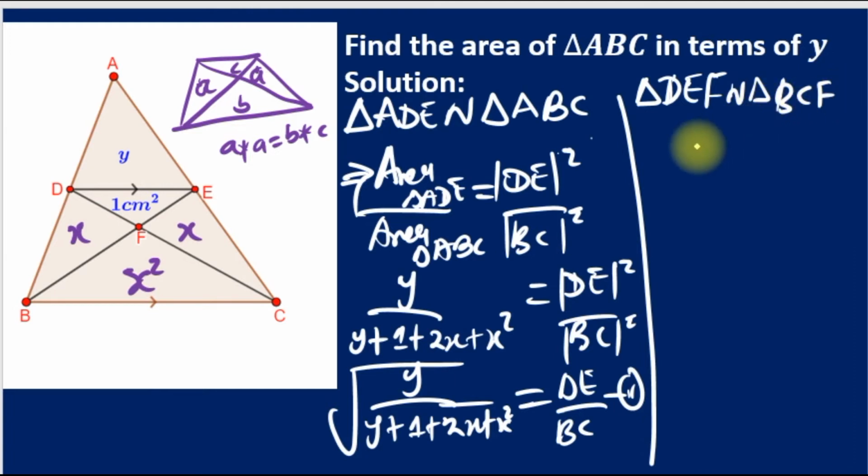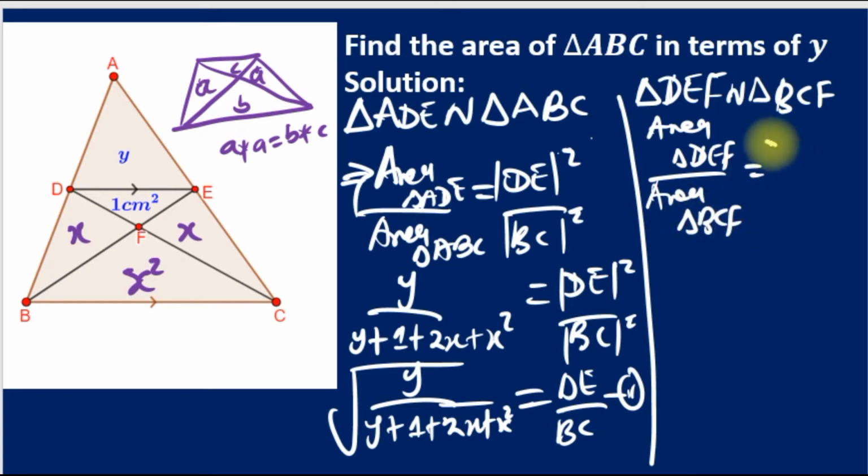So again, the same way, the ratio of areas of similar triangles, which is area of triangle DEF over area of triangle BCF, will be DE squared over BC squared. Yes.